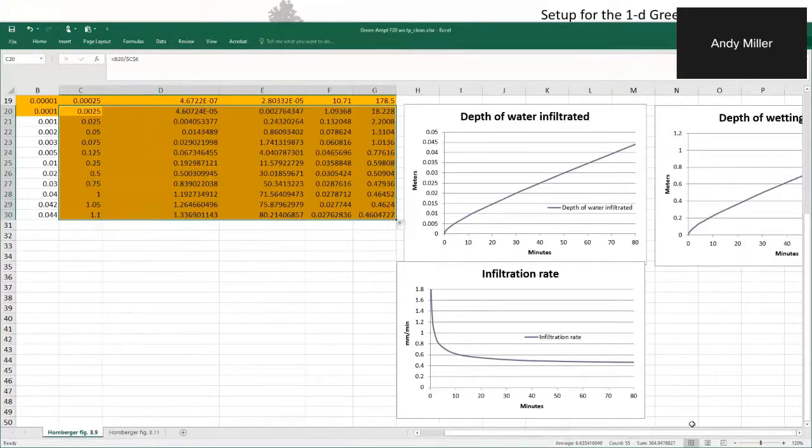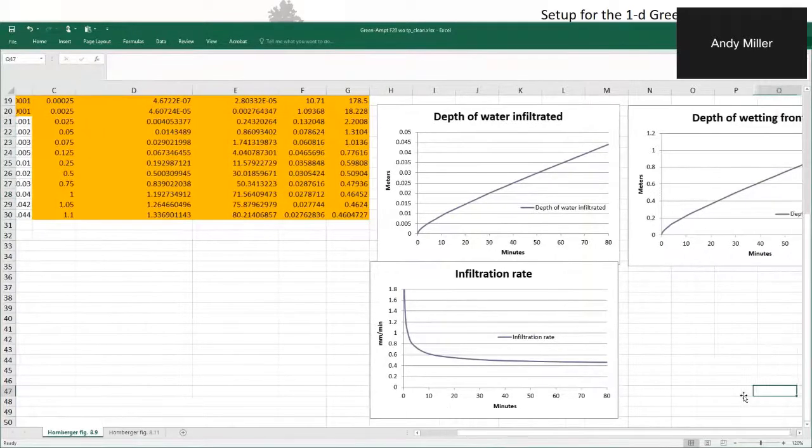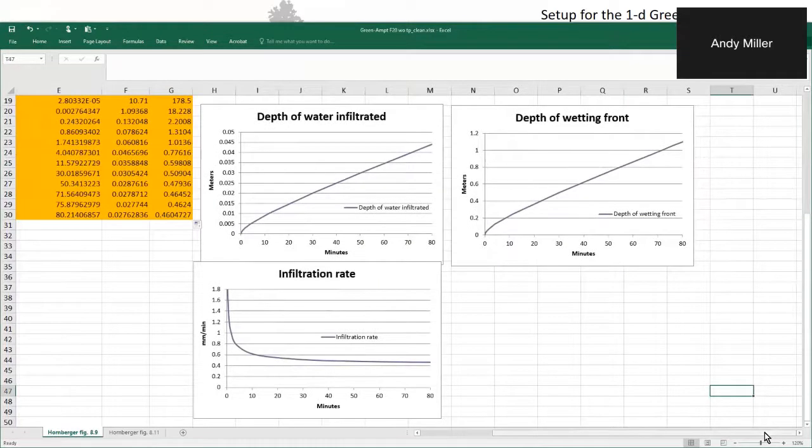Basically, once we have time, we can look at the depth of the wetting front as a function of time as it's migrating downward, and it gets down to about 1.1 meters. We can look at the total depth of water infiltrated. That's less than 0.045 meters, but when you consider that it went down over about a meter and the delta theta was only 0.04, that's about right. Total amount of water that infiltrated.